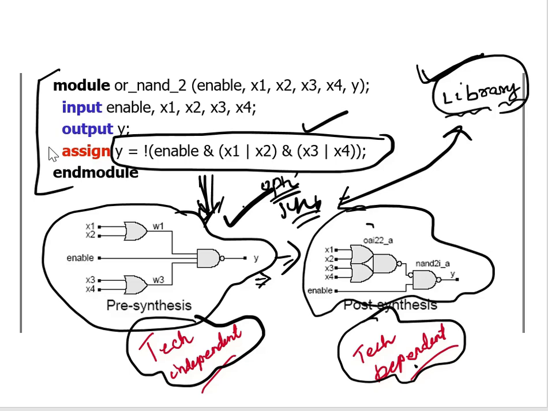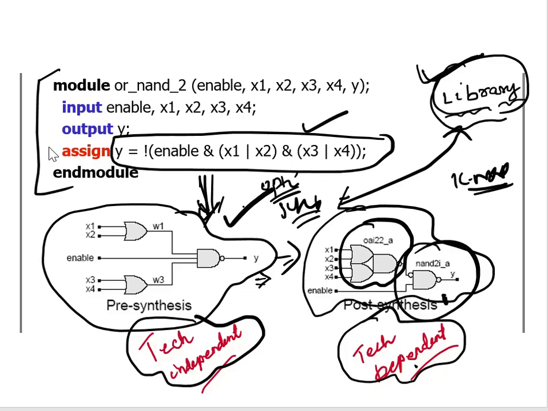Now see, your logic has been reduced now. Your logic equation or expression is also minimized here. For example, we use K-map to reduce logic design. Here also, using the technology library, your synthesis tool is minimizing your expression or the circuit. It is reducing the size of the circuit.